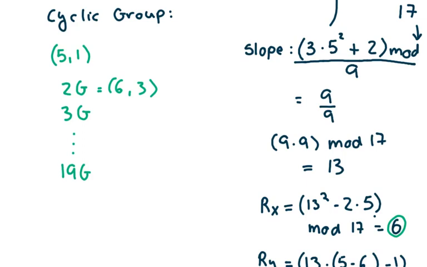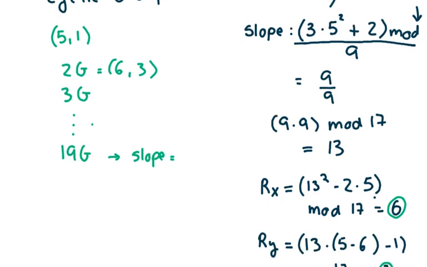We would go about our normal process of computing the slope using point addition. So the slope in this case is equal to the y-coordinate of point x minus the y-coordinate of point y modulo p, and we would use 18G to be able to compute this.